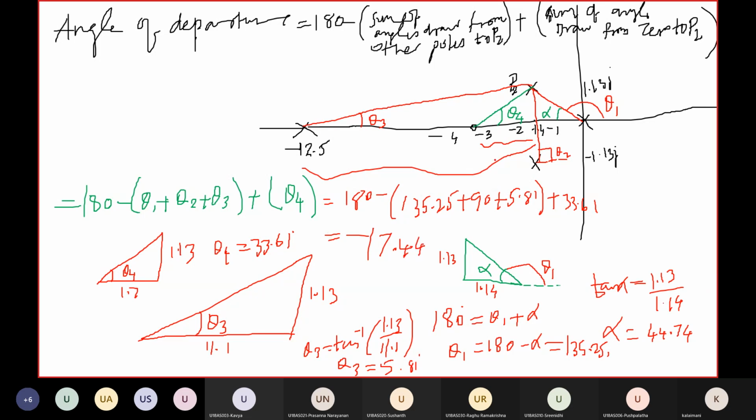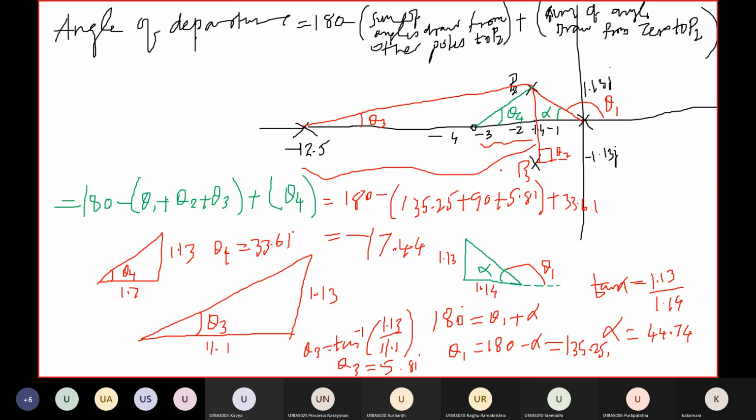In the same way we have to calculate the angle of departure for the other complex conjugate pole. This is P3. It is a mirror image of P2, therefore the angle of departure for complex pole P2 is minus 17.44, and for complex pole P3 it is plus 17.44 degrees. Therefore, the root locus branches for complex poles start at the angle of departure.